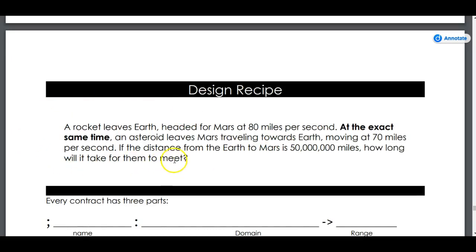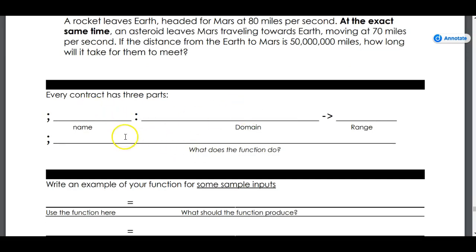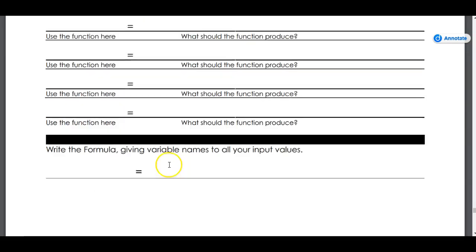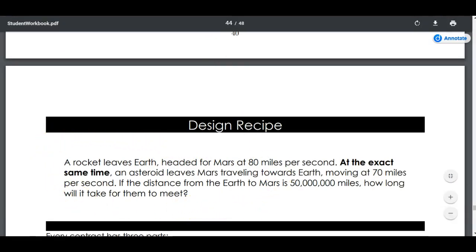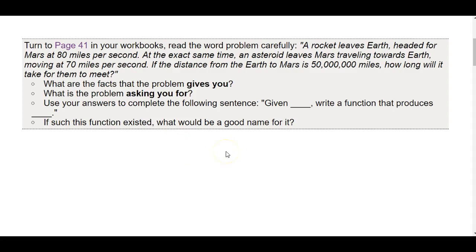This is a common kind of pre-algebra or algebra problem that you might see, a word problem. And the way you're going to tackle it is just like you use the design recipe. And that's why I love Bootstrap, because it's really, really closely tied to what we're trying to teach you to do in algebra. Solving for an unknown quantity there, okay?